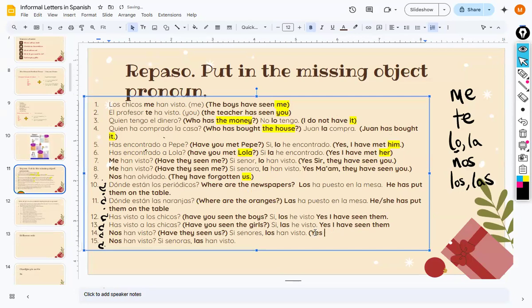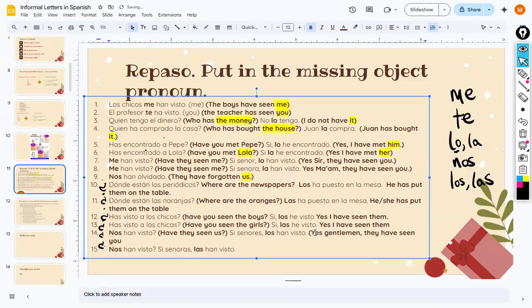Yes, gentlemen. Right? Again, have they seen us? Right? Yes, ladies. Yes, madam. Plural. Yes, madam. They have seen you.